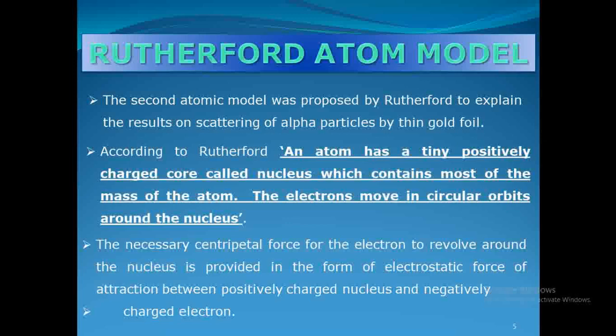According to classical mechanics, any object revolving in a circular path must be acted on by a centripetal force. This centripetal force is in the form of the electrostatic force of attraction between the positively charged nucleus and the negatively charged electrons. So from this Coulomb force, the electron is able to revolve around the nucleus. That is, the Coulomb force acts as the centripetal force.